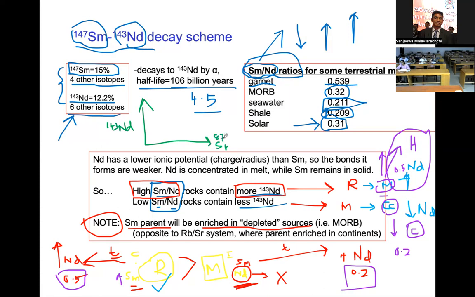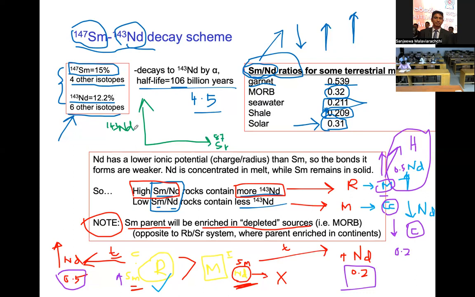If you analyze both continental crust and mantle samples, like a mantle peridotite and a continental crust sample like granite, where will they plot in this diagram? Let's put the continental crust first. How would we expect the strontium isotopic composition to be?